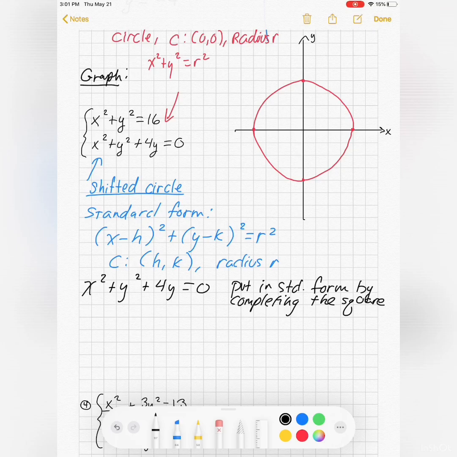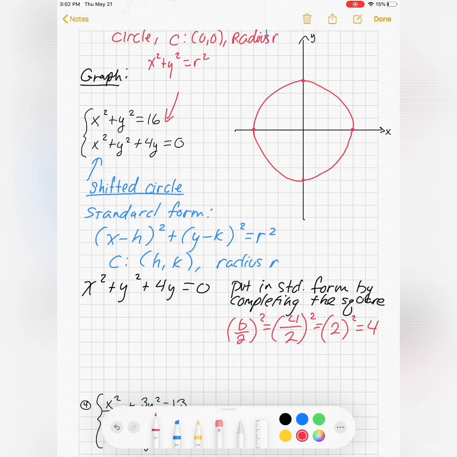Okay. So if you remember the steps, let's see. Move the constant to the other side. There's no constant. Divide, if there's like a 2 or something here, I'd have to divide the whole equation by 2. None of those things, so I go ahead and find my special number. Remember what that was. b over 2 squared. So look, in this case, I'm completing the square for y. So that would be 2 squared is 4.